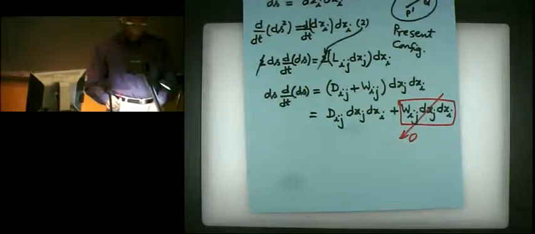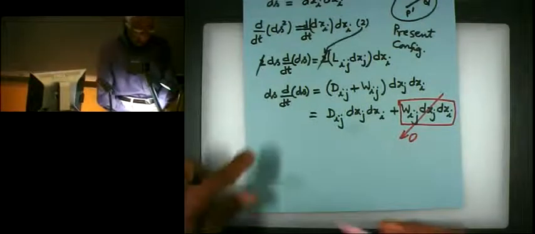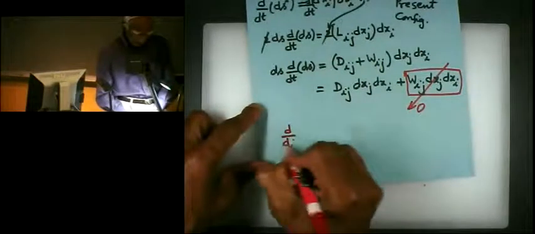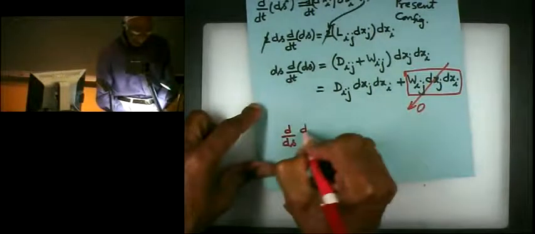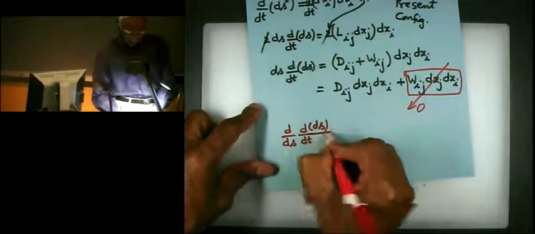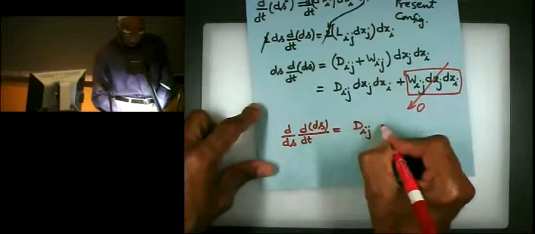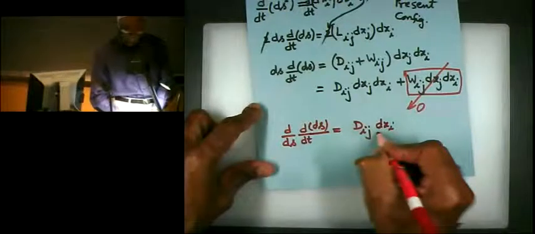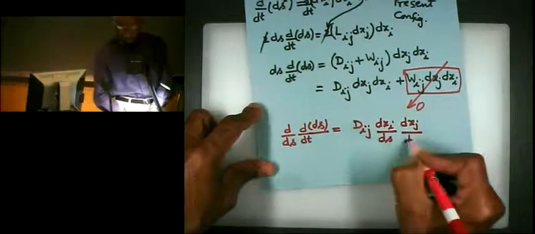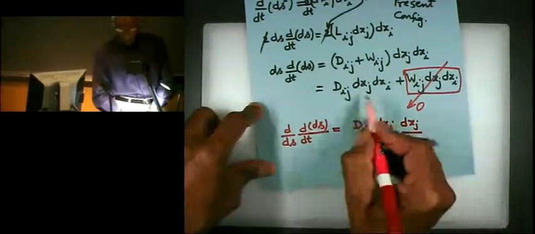Okay? So let's divide by ds square on both sides. So we get 1 over ds, d over dt of ds equals Dij dxi over ds dxj over ds. Even though I have switched here, it doesn't make any difference.